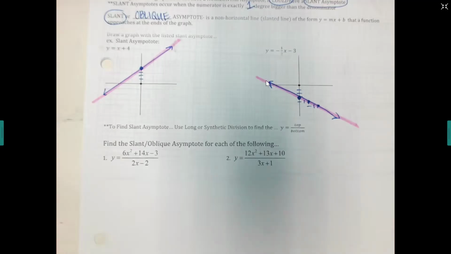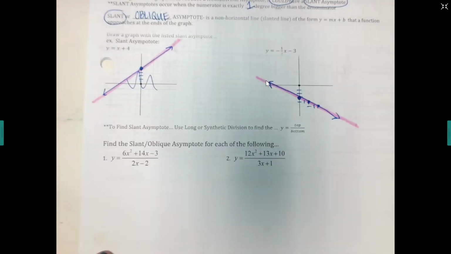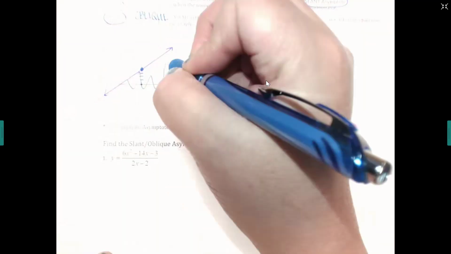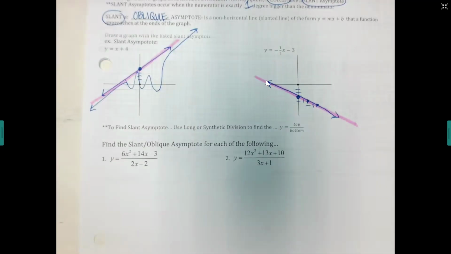It's going to do whatever it wants in the middle, just like usual, but at the edges it's going to curve off to that slanted line on both sides. Remember, asymptotes tell you what the edges of the graph are doing. If it's a horizontal asymptote, they're going to go horizontal. If it's a slant asymptote, they're going to match the slant.